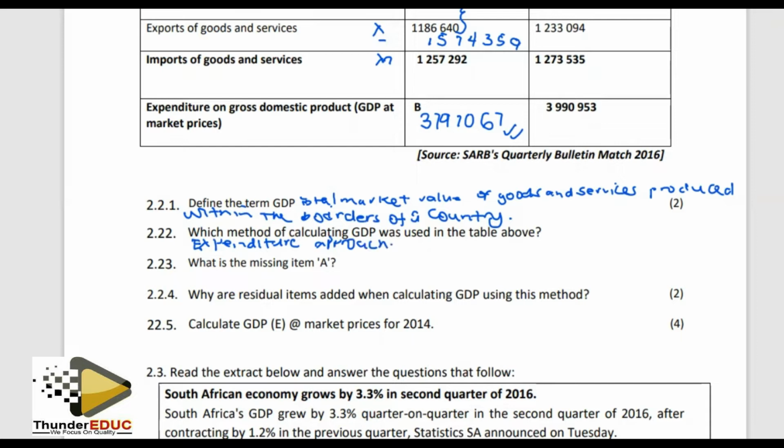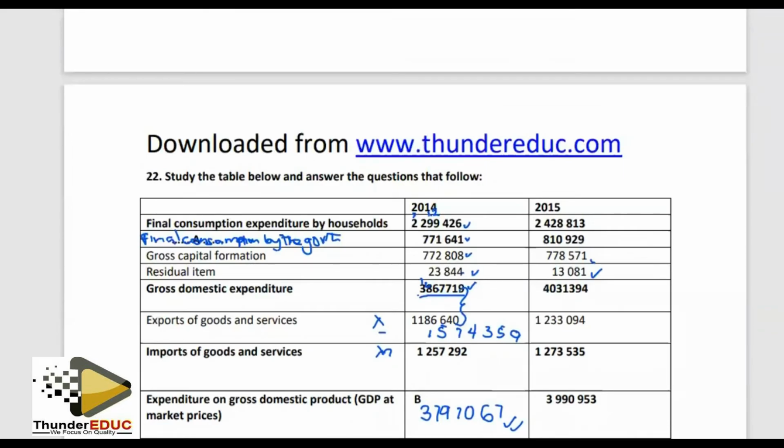What is the missing item? The missing item A, I think you can remember, this is a reminder. Missing item A here is what they are talking about.